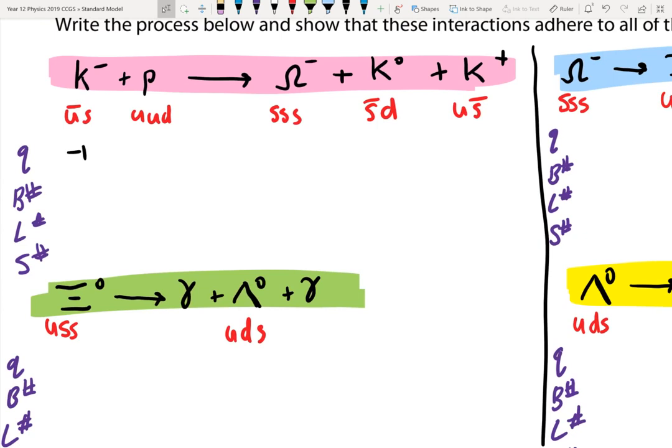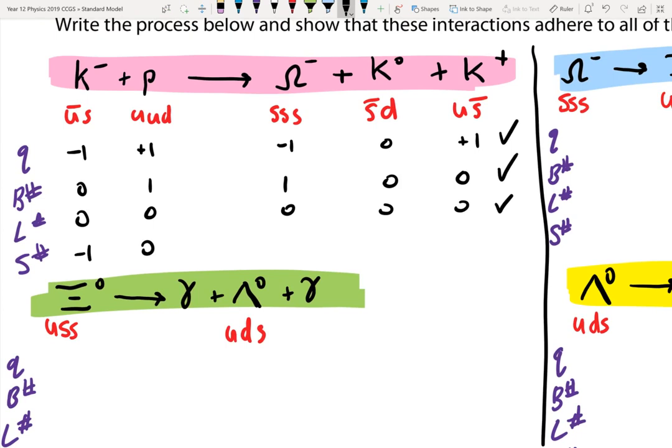So, -1, +1, -1, 0, +1. All good. Not a baryon, is a baryon, is a baryon, not a baryon, not a baryon. All good. Lepton: no, no, no, no, no. All good. Strangeness: -1, 0, -3, +1, +1.